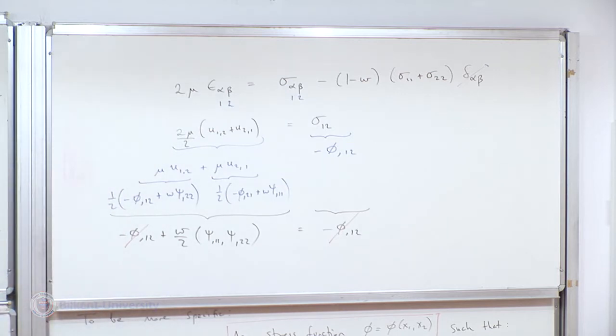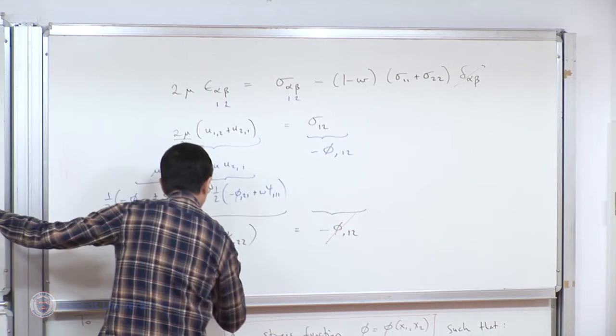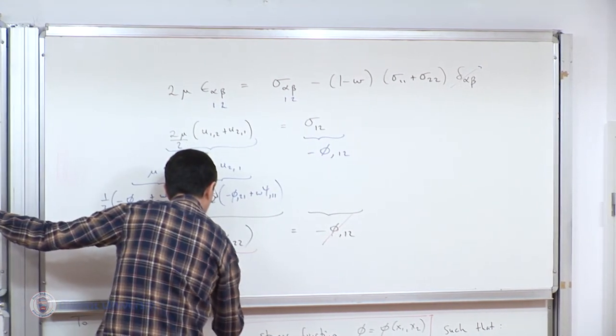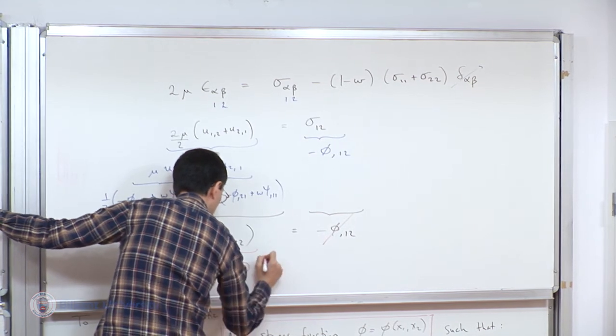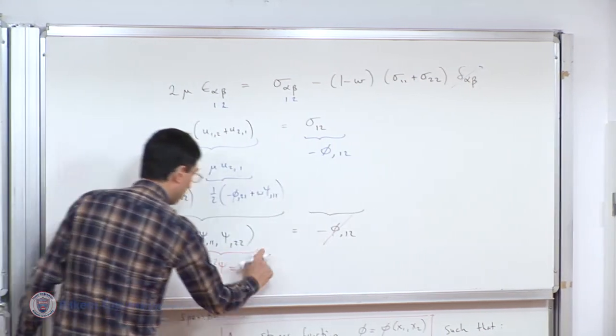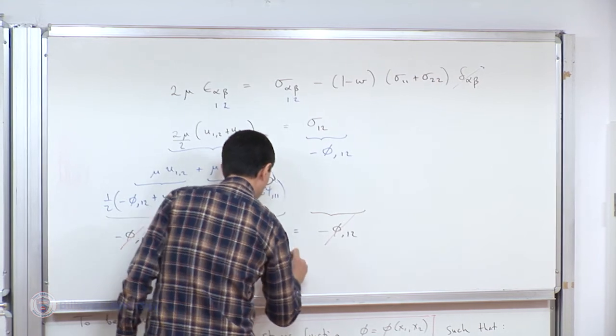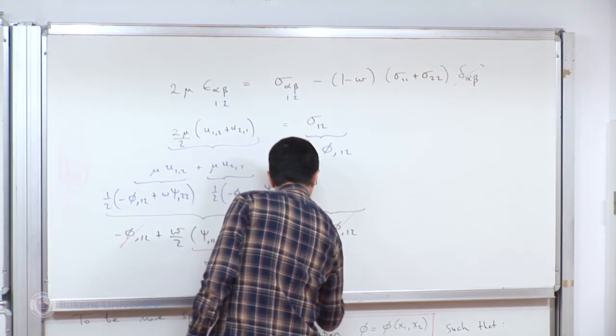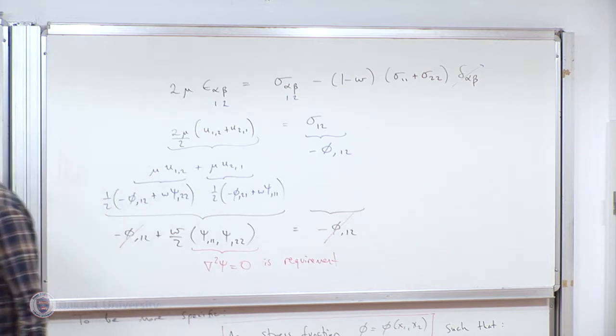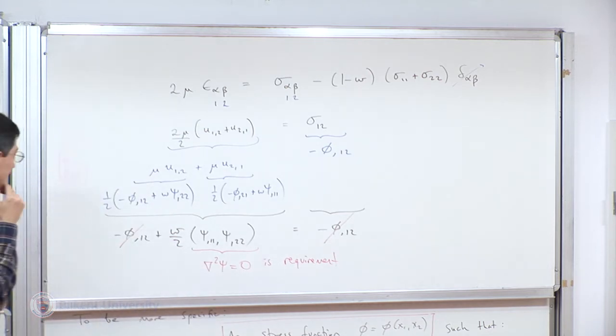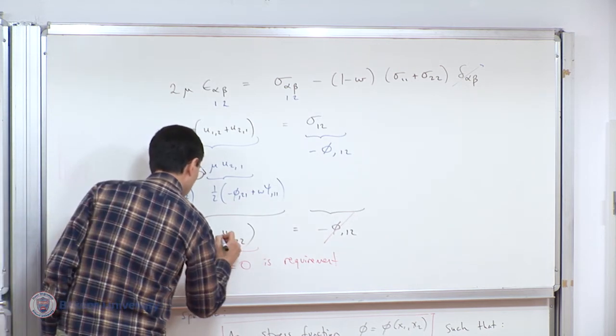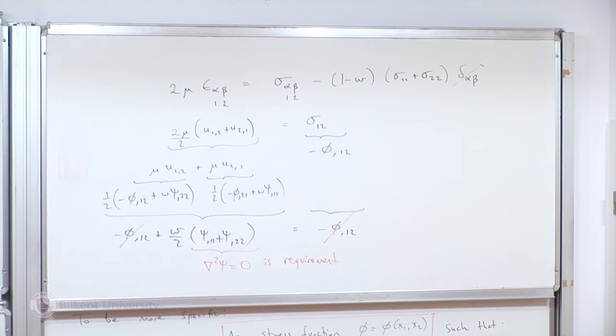And therefore, if I propose the displacements to be of this form, for consistency associated with the shear stresses, I have the requirement that this is equal to 0. And this is nothing but the Laplacian of, let's say, Laplacian of psi. So that is a requirement on psi. Oh, yes. Thank you. Be a plus sign.